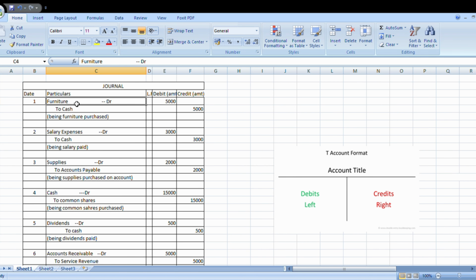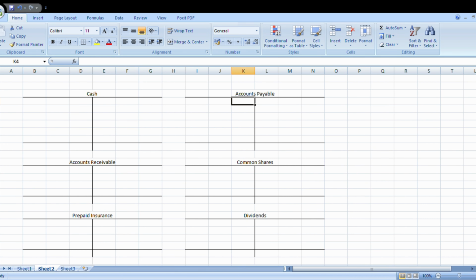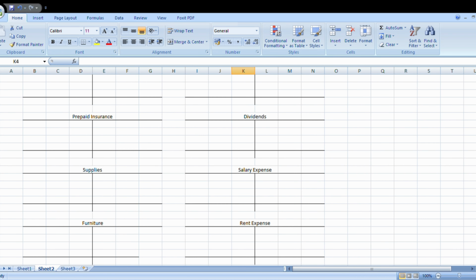See, very simple. If we are making furniture account, if this furniture has a debit balance, we write it on the debit side of that account. Here furniture is showing debit balance of 5,000. So in this furniture account, we will show this amount here as 5,000 and we will write the date. Since we are not given the date, we are writing number 1 since it's a first transaction.